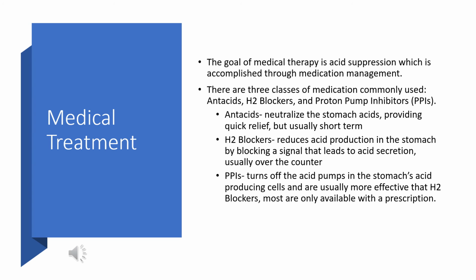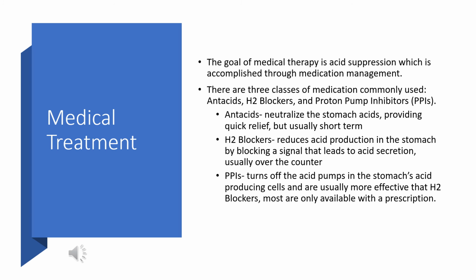The goal of medical treatment is accomplished through medical therapy with acid suppression, which is accomplished through medication management, the least invasive route. There are 3 classes of medication commonly used: antacids, which neutralize the stomach acids and provide a quick relief but are usually short-term; H2 blockers reduce acid production in the stomach by blocking a signal that leads to acid secretion, usually over-the-counter like Pepcid.